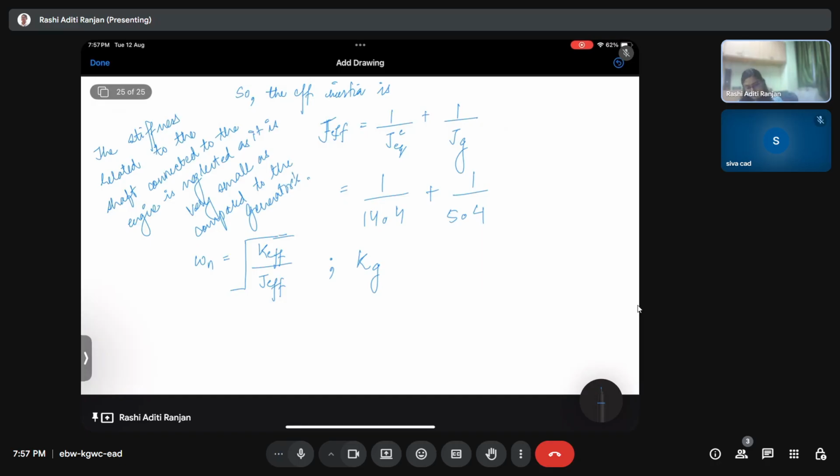Okay, so Kg is essentially equal to K effective over here. Kg is only equal to K effective in this question.